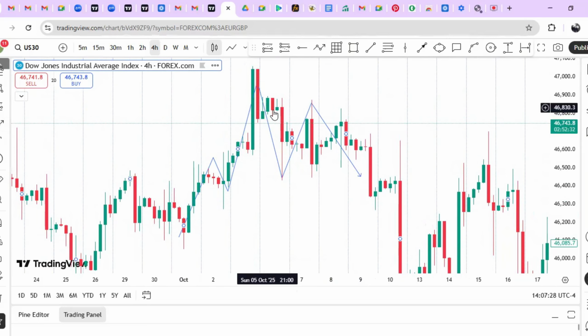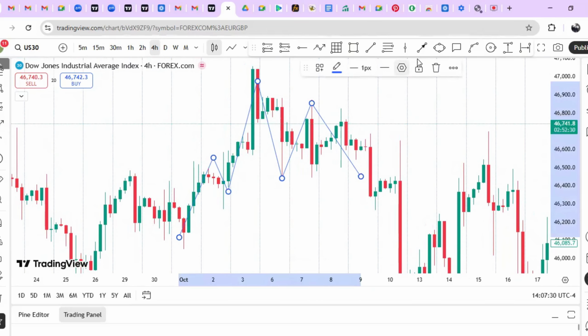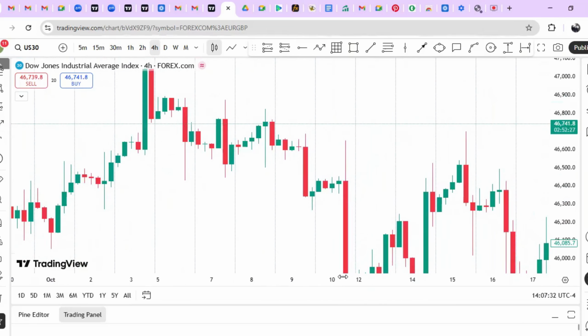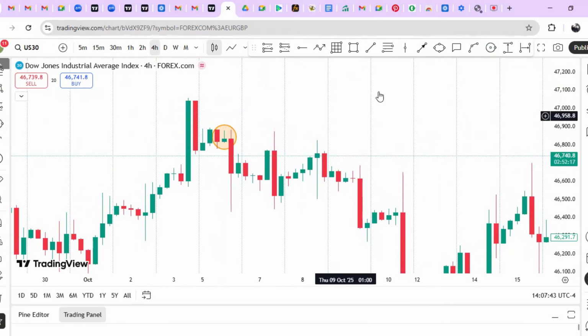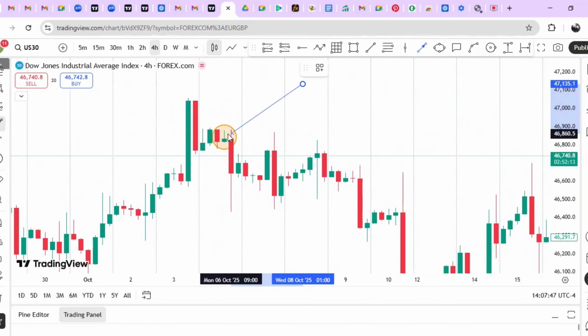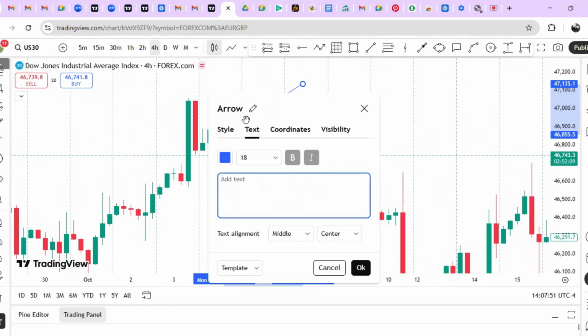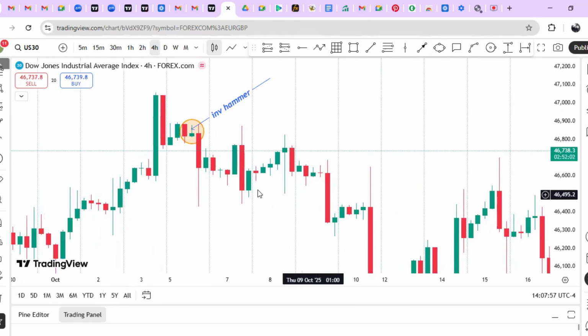You can see the candle that formed here. That one is a hammer, or you can call it an inverted hammer. This green candle here, an inverted hammer.